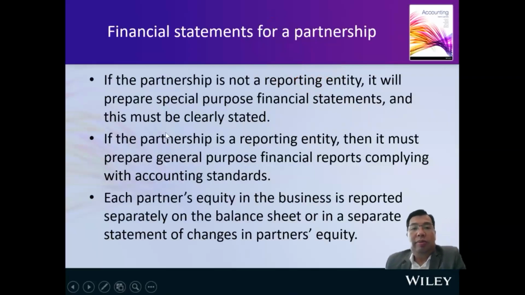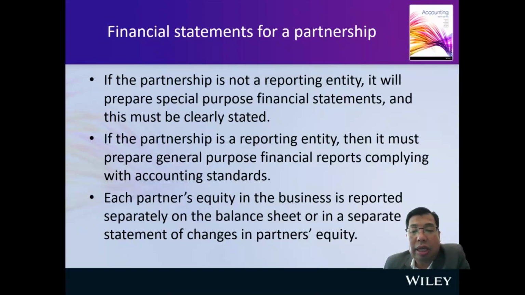So the last part will be the financial statement for a partnership. If the partnership is not a reporting entity, you prepare a special purpose financial statement and it must be clearly stated. But if the partnership is a reporting entity, then it must prepare the general purpose financial reports, the standard financial statement complying with the Australian Accounting Standards Board or International Financial Reporting Standards or other applicable standards that apply to that particular country.